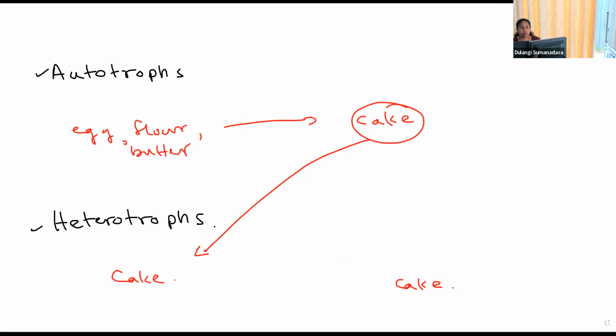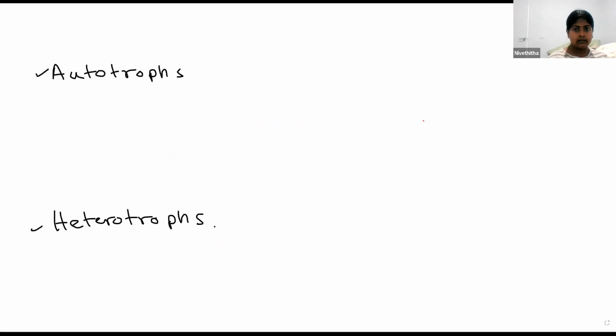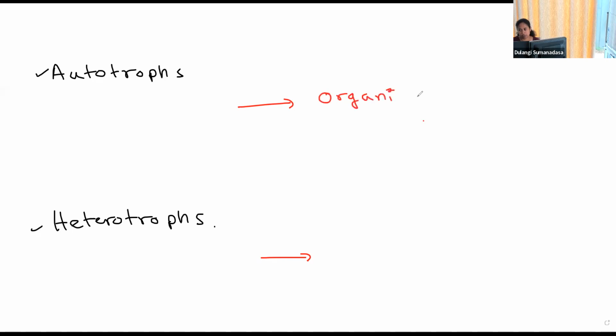So autotrophs can make their own food out of the basic ingredients. Heterotrophs just rely on the food made by the autotrophs. Right, so the final food is the organic compounds.